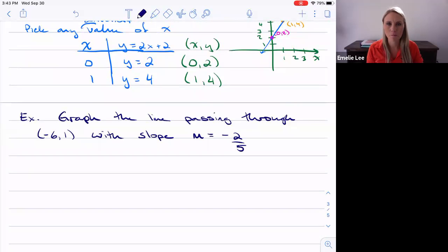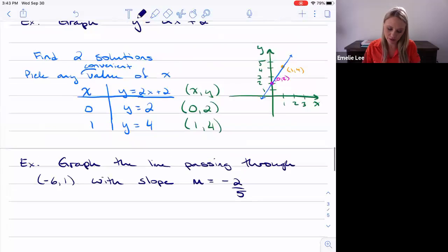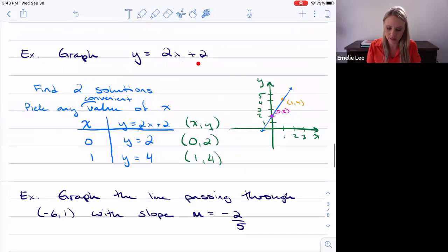Okay. So this is one of those situations where you have a point and the slope. So you could go ahead and construct your equation and get it to look something like this. But it might be easier to just plot the point that you've been given and then move the slope amount around your graph to figure out your next point.